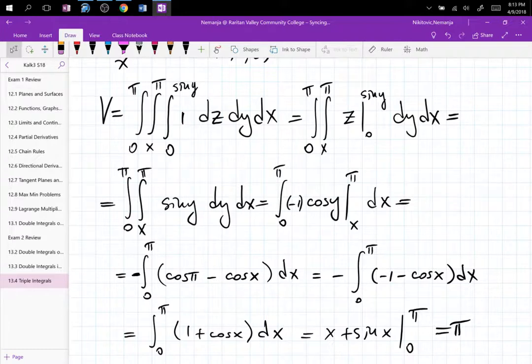So this cylinder has x squared plus 4y squared equal 4.